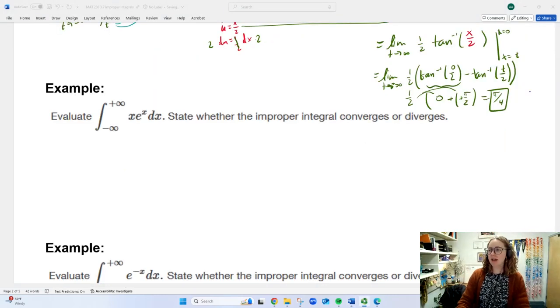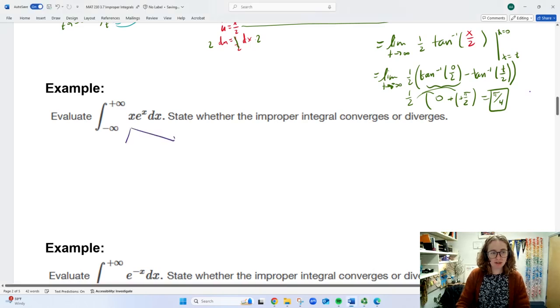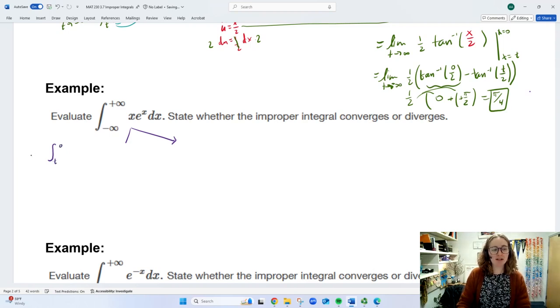On our next example here, we're going to break this up into two different integrals. My first integral is going to be from negative infinity to 0, but my negative infinity I'm going to write as a t and then take my limit as t approaches negative infinity of this whole thing.